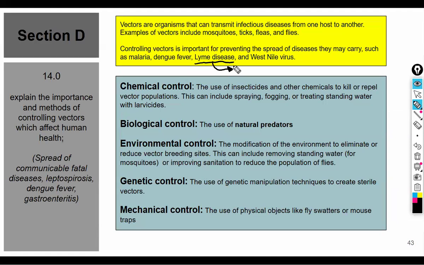So it's a disease that's spread by ticks, and when it bites you, you can get pretty serious symptoms like extreme fever, headaches, and whatnot. Don't worry, the examiner isn't going to ask you to explain what that disease is. You just need to be able to quote some diseases.